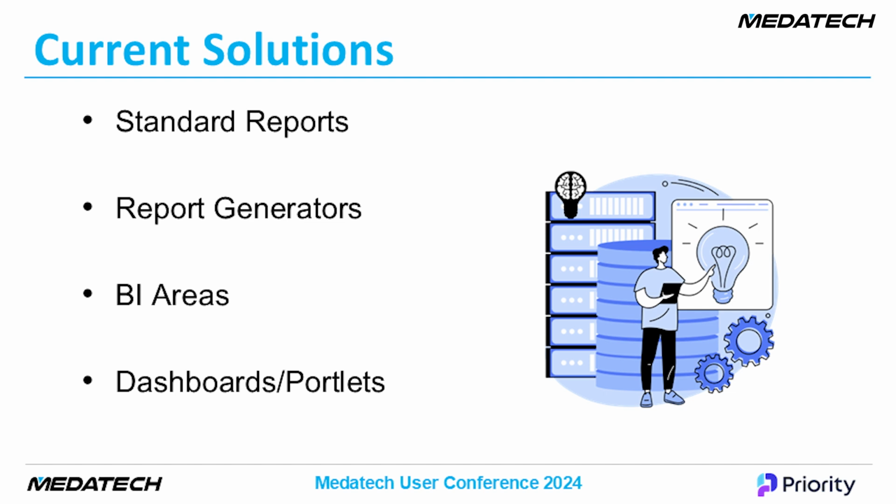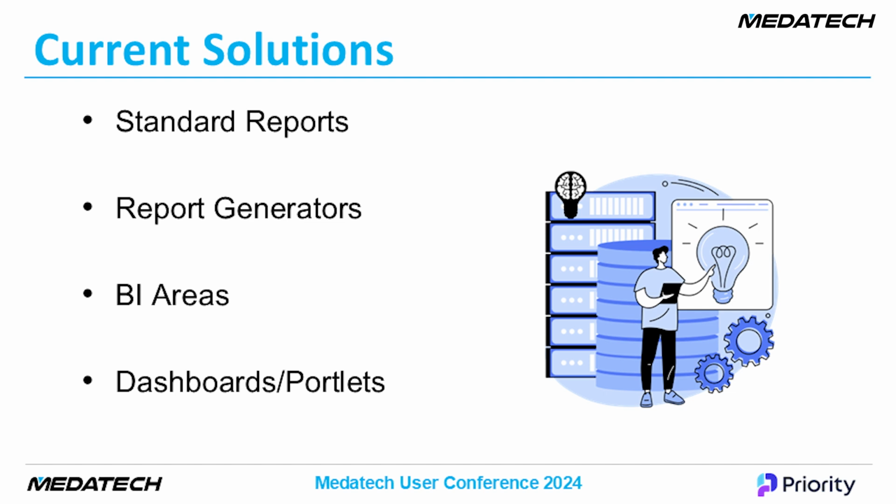Then we have our report generators, and that's the drag and drop facilities to create reports of your own to look at data. We have BI areas, and they tend to let you slice and dice information and drill down into information. Very beloved of people like accountants, that sort of drill and slice and dice for information.